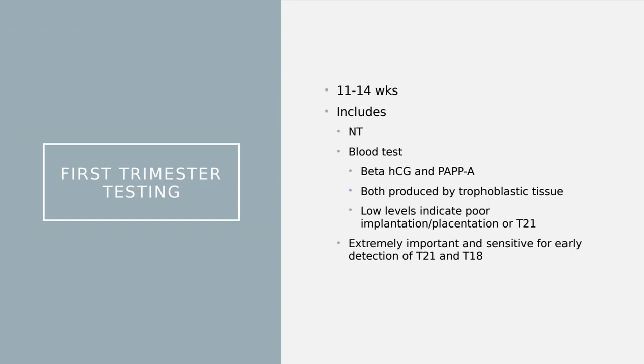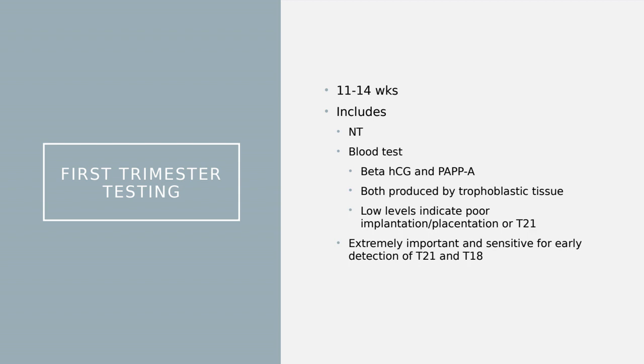So they're looking for our beta HCG, our human chorionic gonadotropin, in our blood. Remember, beta is referencing the blood level. And then we're also looking for PAPP-A, which is an antigen that we see in early pregnancy. We're also looking to evaluate those trophoblastic tissues, which are responsible for producing that beta HCG and that PAPP-A.